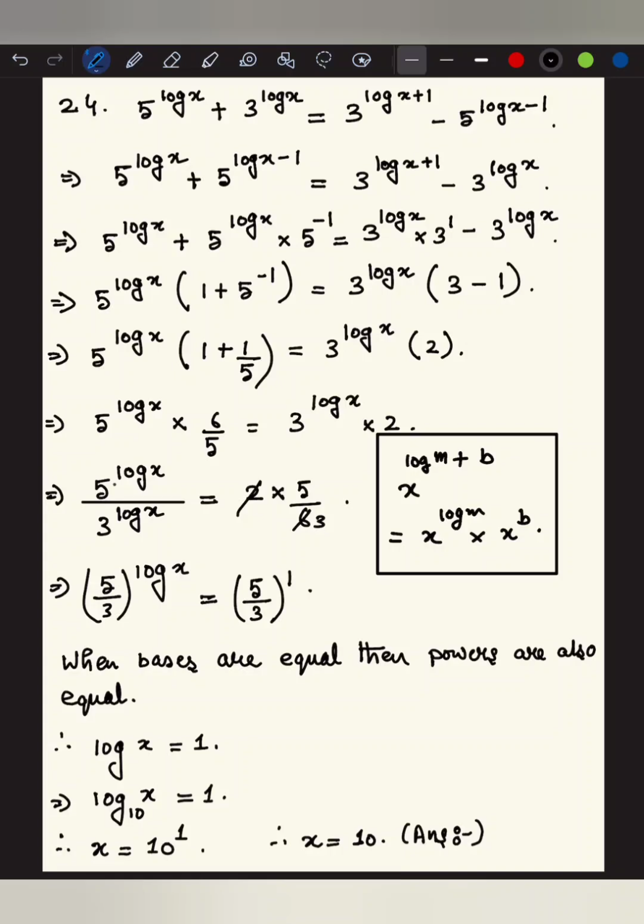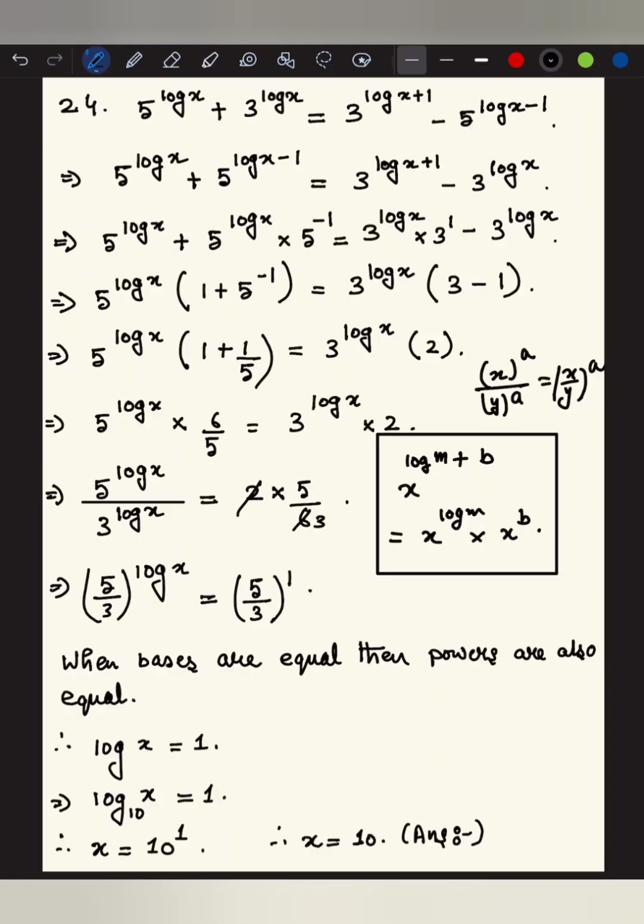Therefore, 5 to the power log x by 3 to the power log x. Understand here: x to the power a by y to the power a can be written as x by y whole to the power a. In case of a, here it is log x.